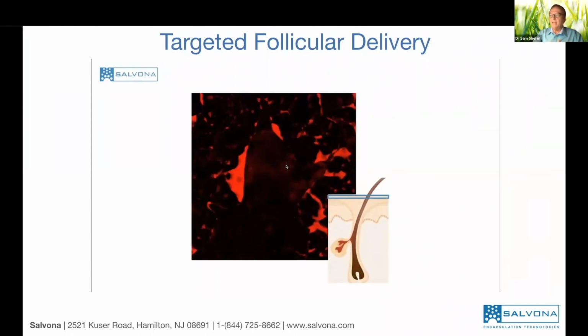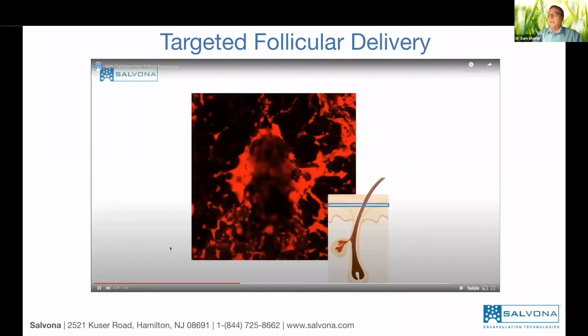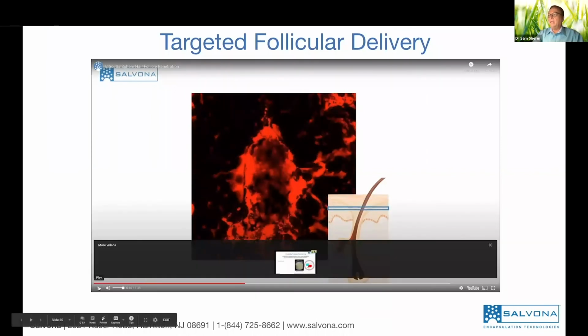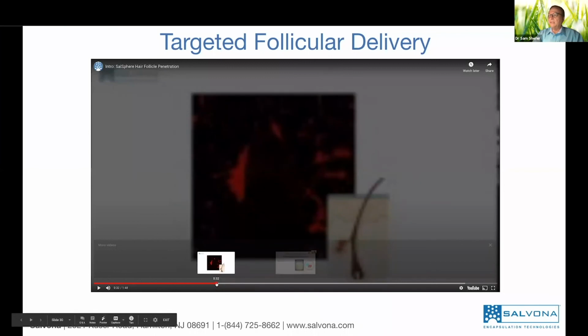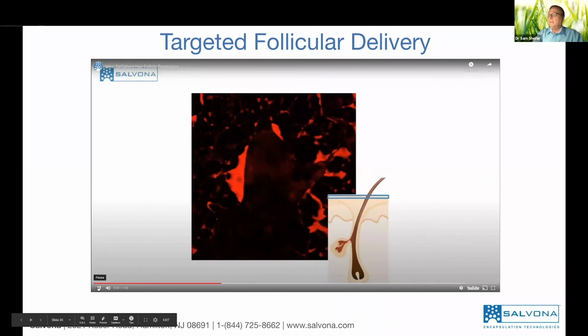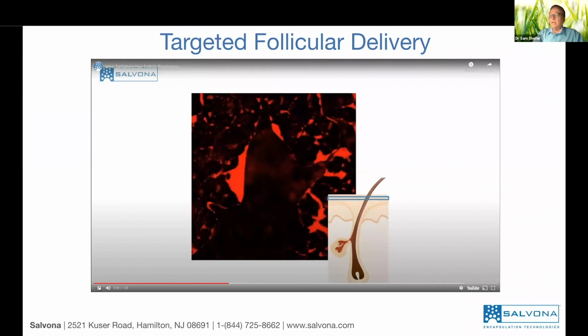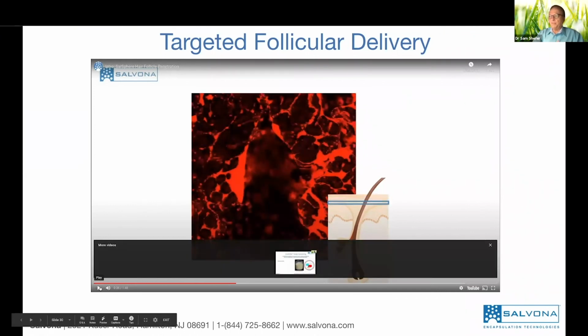Here you see a confocal microscopy picture, and we are showing particles loaded with a fluorescent agent, put on the top of the skin. As we let the camera work, you see the red particles. Now it's applied, it's spread all over.